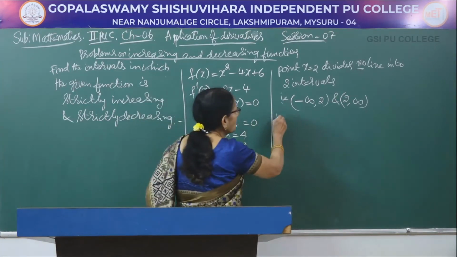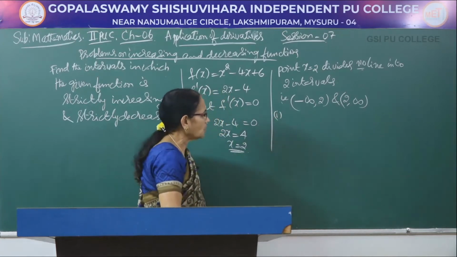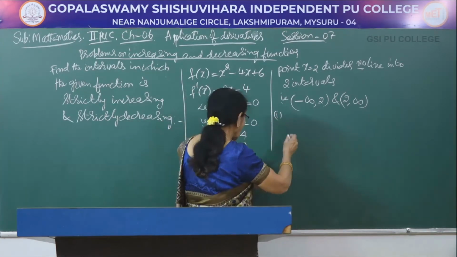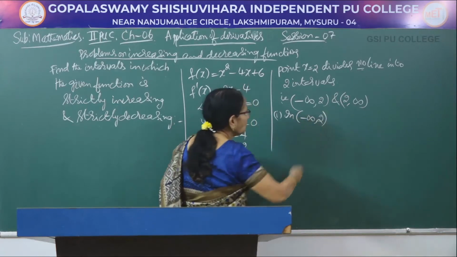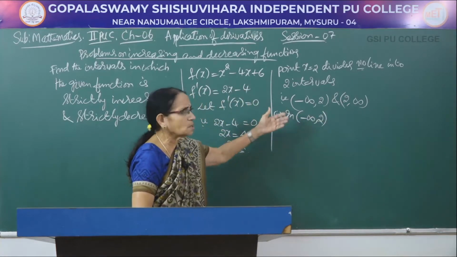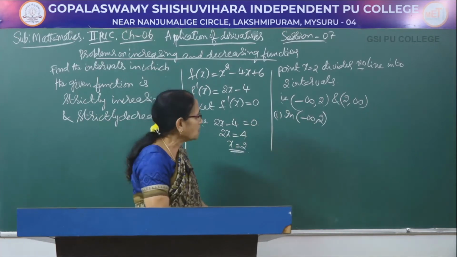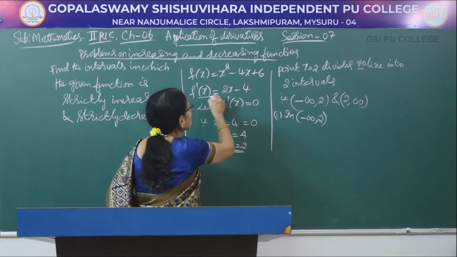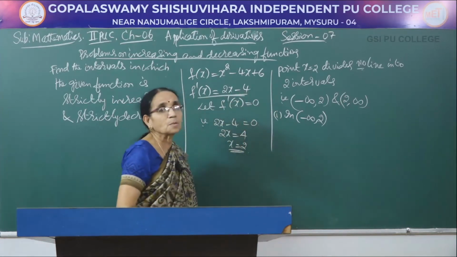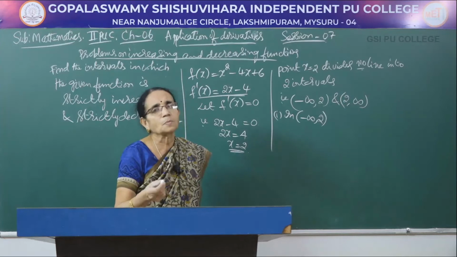Now, one by one we will find out. Let me take the first interval, that is -infinity to 2, whatever one you can consider in the beginning. In -infinity to 2, how does the first derivative behave? Will it be negative? Will it be positive?